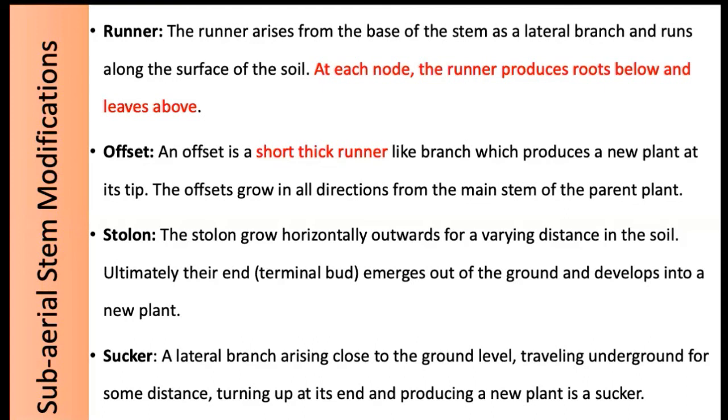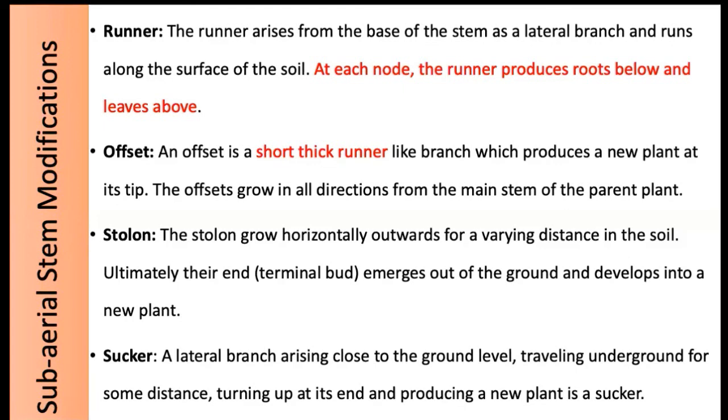And the third one is stolon. A stolon basically grows outward, it grows a bit of a distance, and the tip of the stem arises from the ground with a root and leaves, and ultimately becomes a new plant. That is called a stolon.